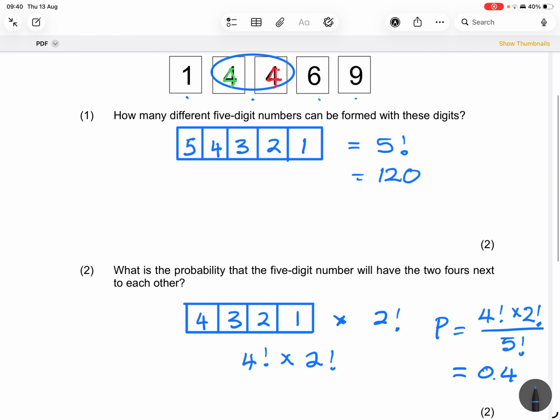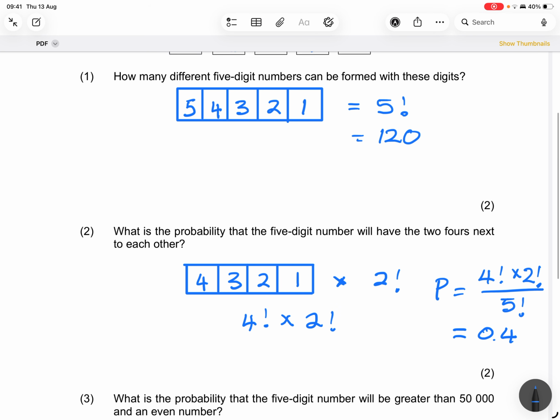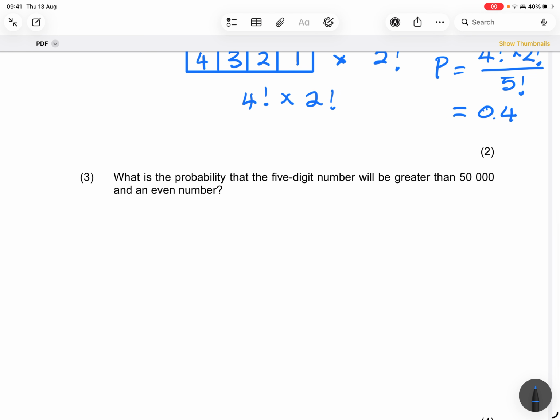Now, what's the likelihood for us to have an even number? In this case, it would be even if we take 4, the other 4, and 6, right? So let's suppose we take the first permutation.